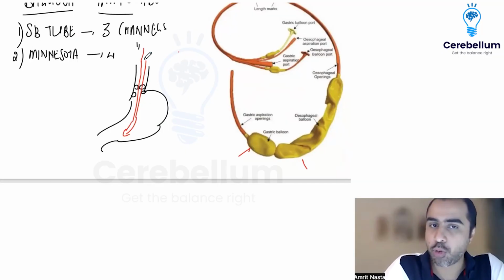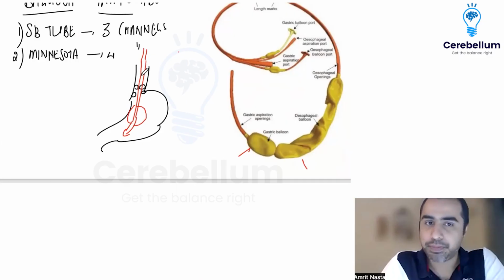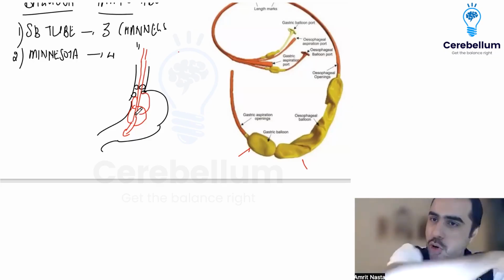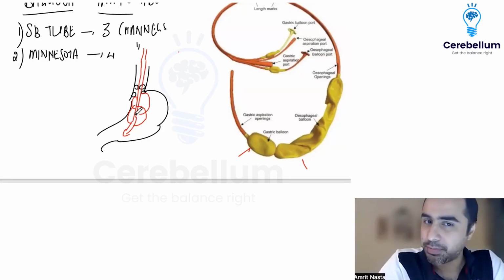I inflate the 2 balloons. First I inflate the gastric balloon like this and I pull the tube up. So when I pull the tube up, the gastric balloon will come over here. I pull it a little, and because I am pulling it, the balloon is putting pressure directly on the bleeding varices.